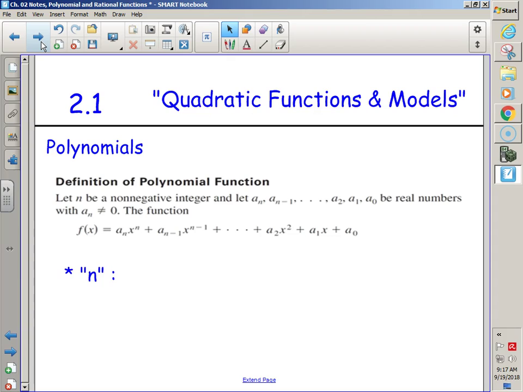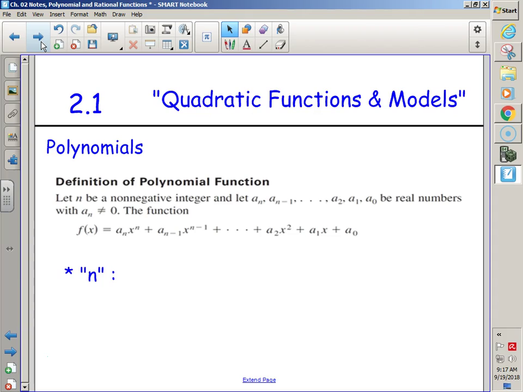And this a sub n is going to be the coefficient of the nth degree x. So for x to the n minus 1, I'll just call it a sub n minus 1. These are just names talking about the coefficients in front, matching up with the different powers of x. Long story short, a polynomial function is addition or subtraction, because a's can be positive or negative, of terms with x's to powers.